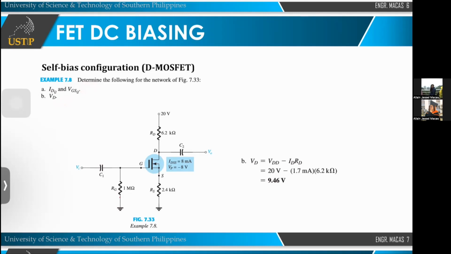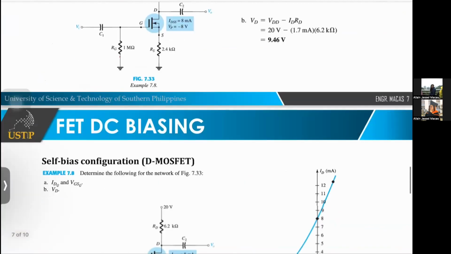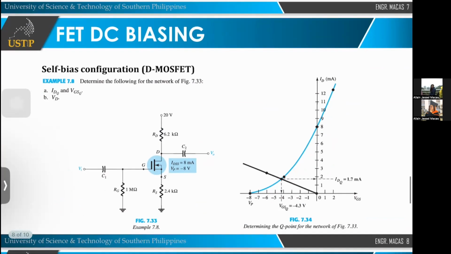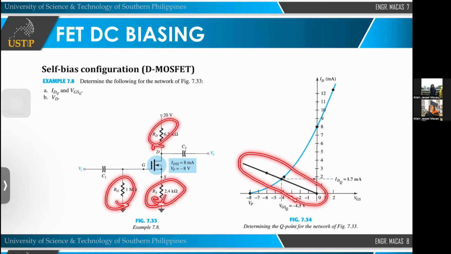What we do first is plot the transfer characteristic and then plot the load line. When you say load line, it is now considering the values of the RG, the RS, RD, okay?